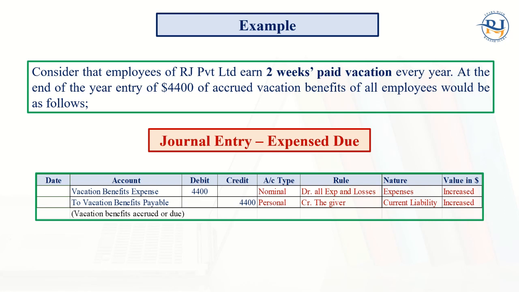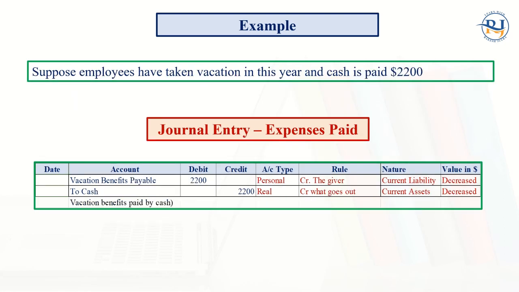At the end of the year, the entry of the $4,400 of accrued vacation benefit of all employees would be as follows. Vacation benefits account debit to vacation benefits payable. So the 4,400 is debit as the expenses of this year should be recorded this year. And this is due but not paid. So that's why the vacation benefits payable is considered as a current liability of this year.